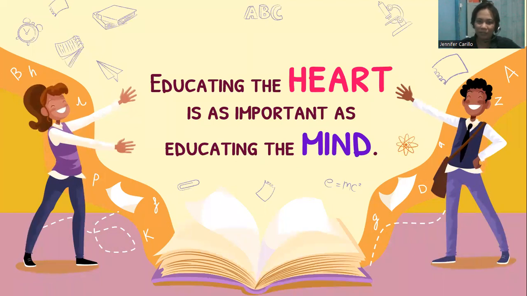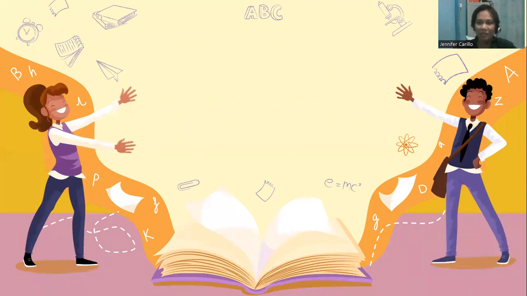And before I end my presentation, I'd like to share with you a quote. We have discussed in the cognitive domain the importance of developing the mental aspect of the students. We also discussed the importance of developing the psychomotor or the kinesthetic or the body and mind coordination skills of the students.